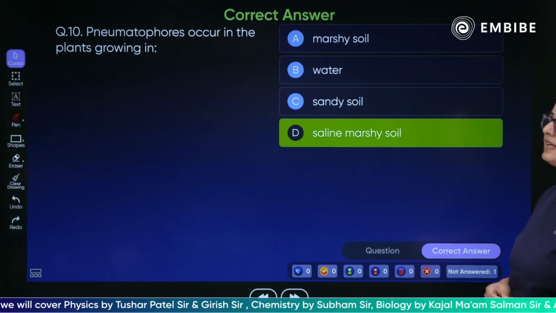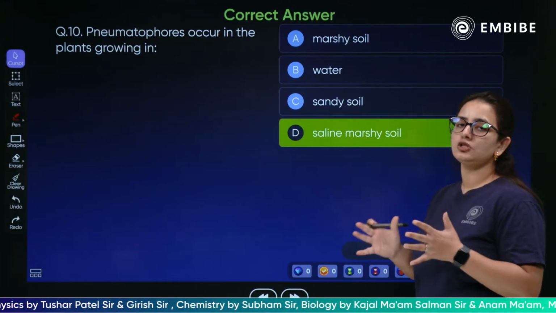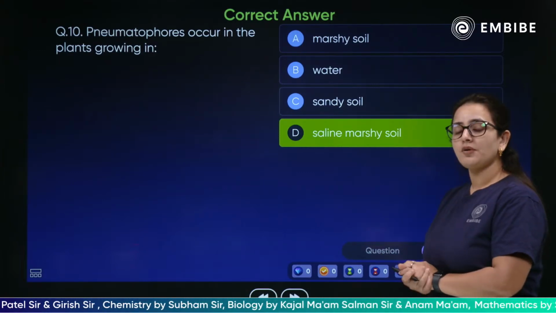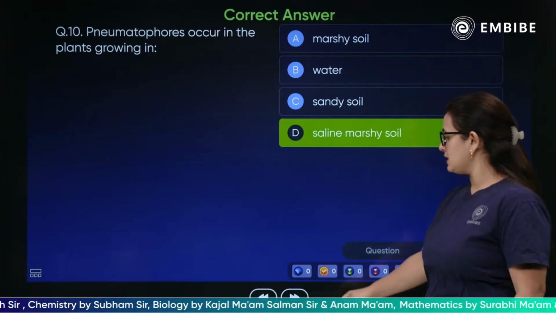The correct answer is saline marshy soil. The pneumatophores, also called respiratory roots, are found in plants which are there in the saline marshy soil.